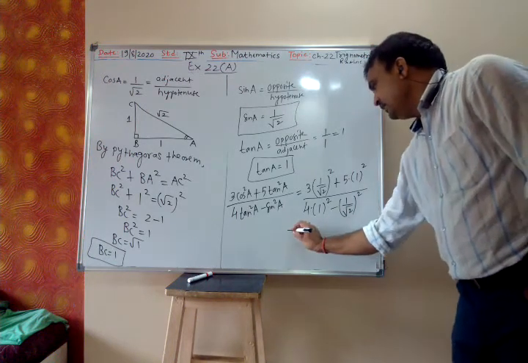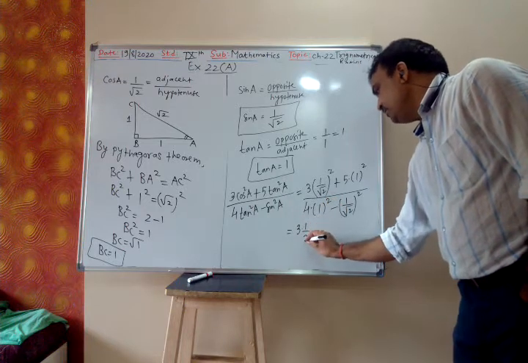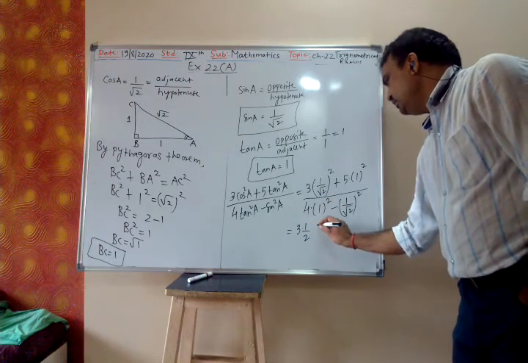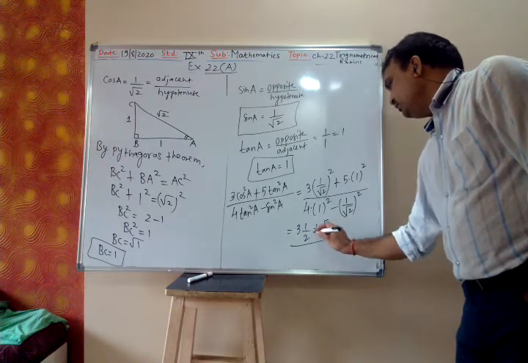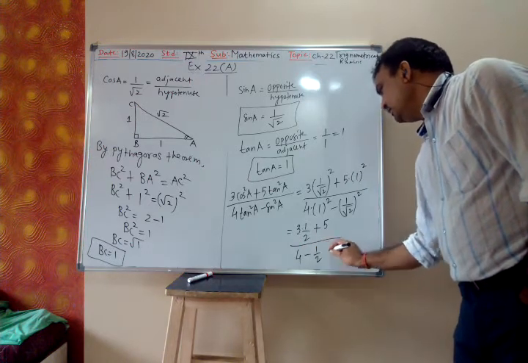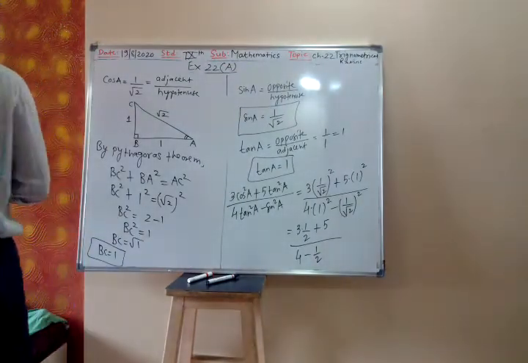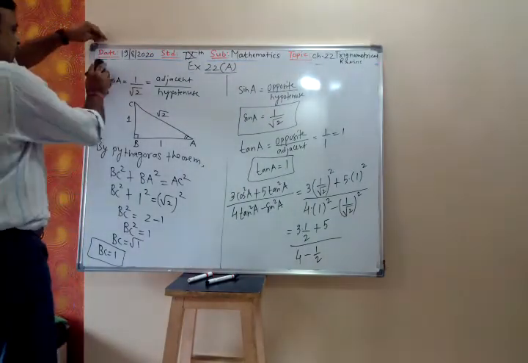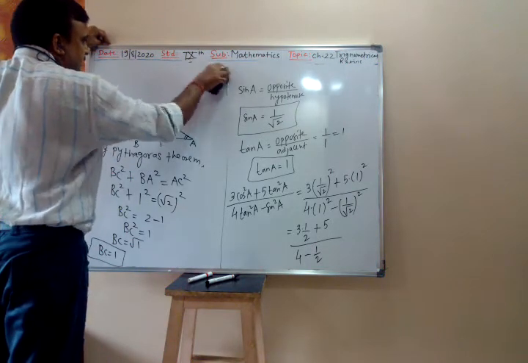Now let us simplify. 3 into 1 by root 2 square is 1 by 2, so 3 into 1 by 2 is 3 by 2, plus 5 into 1 square upon 4 minus 5 into 1 by root 2 square, which is 1 by 2.